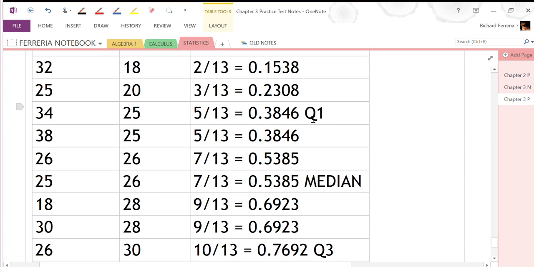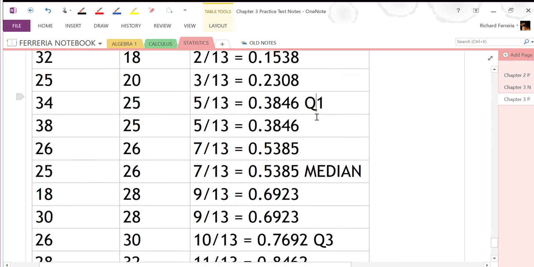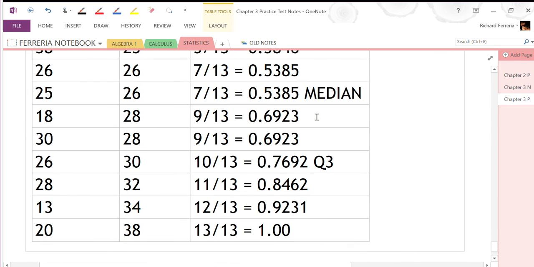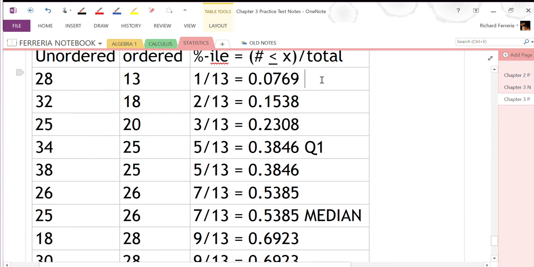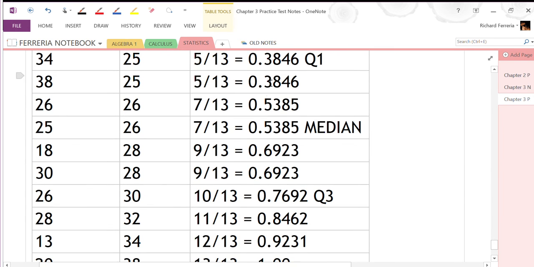Well, let's see. The other way of figuring that out is to go, okay, so we have 13, right? So the median, if I take 13 and divide by 2, that would be 6.5. So really the seventh number would be the median. So let's count. 1, 2, 3, 4, 5, 6. The seventh measurement, which would be this 7, would be the median.